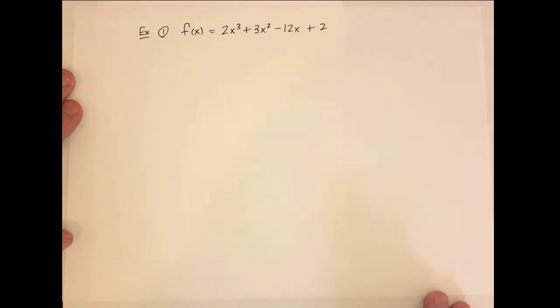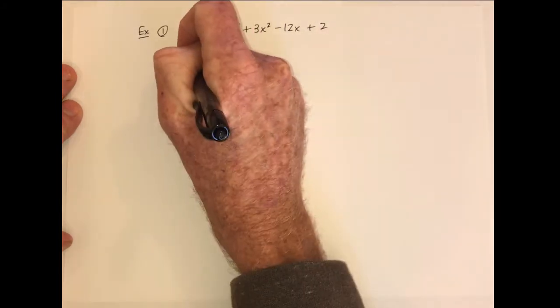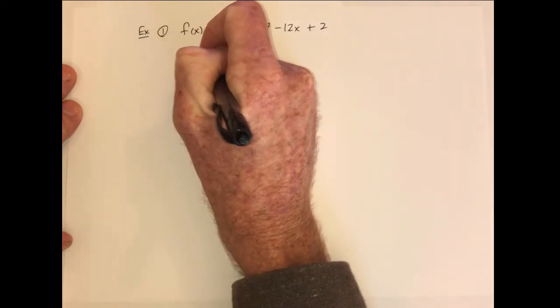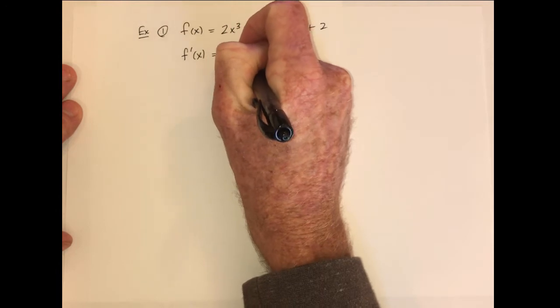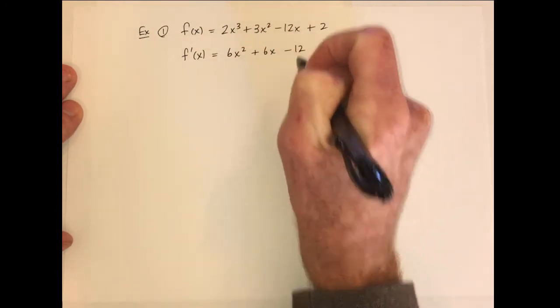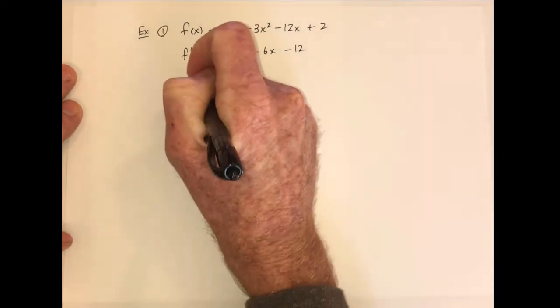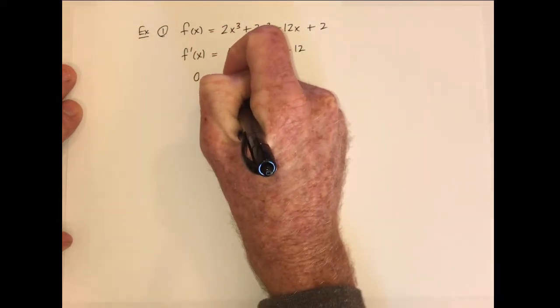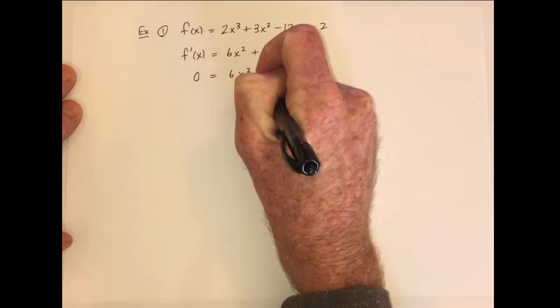So I'm going to do all the work with the first derivative first and then move on to the second derivative. So for the first derivative, that's going to be 6x squared plus 6x minus 12. And then set it equal to 0 and find the critical values.